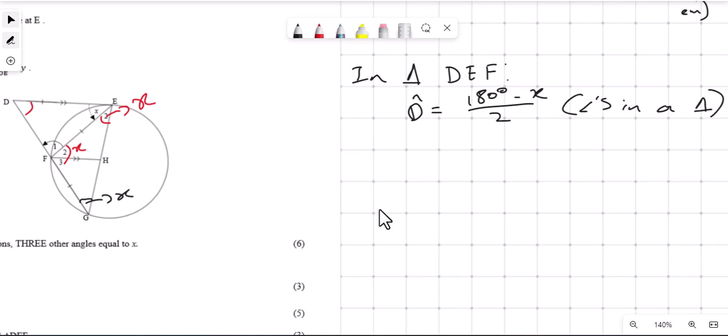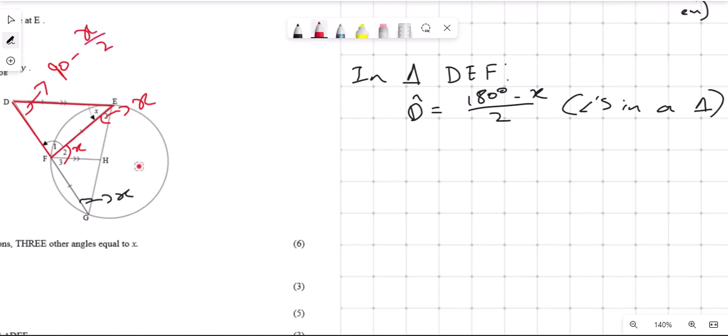Alright, let's think of something. Okay, let's go back to the diagram. So we have dealt with this triangle. Then this one gives us 90 minus X over 2, the one that you are saying.